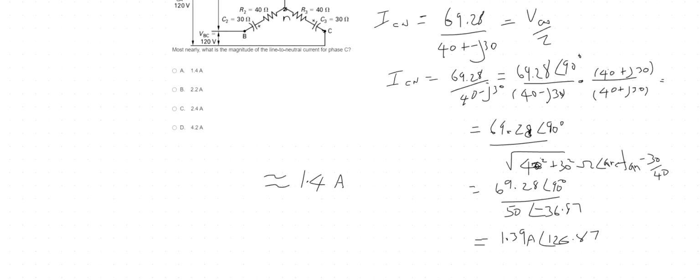If you want to find out the angle, then you gotta do the arctan of Q over P, which is the imaginary portion over the real portion. That's in the formula book. That's in the handbook.